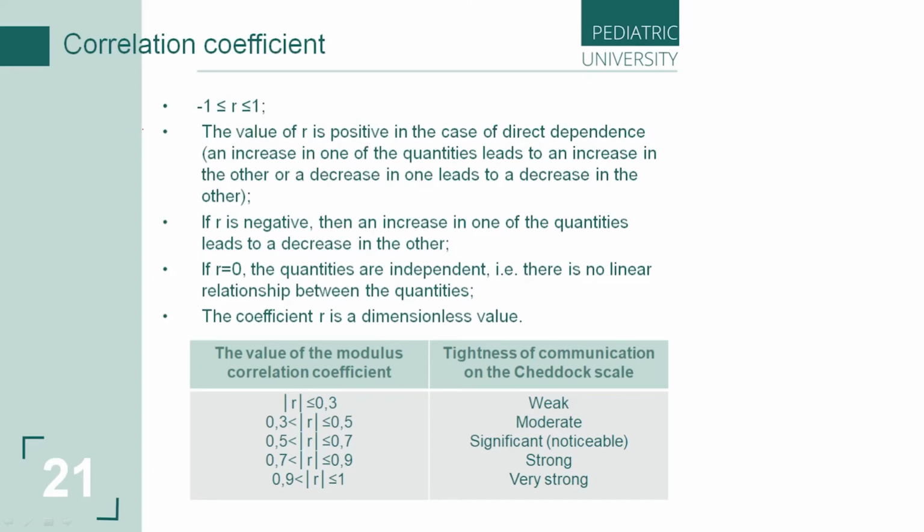If you get a positive correlation coefficient from 0 to +1, then we can say that the relationship between the variables is direct. An increase in one of the values leads to an increase in the other, or a decrease in one leads to a decrease in the other.